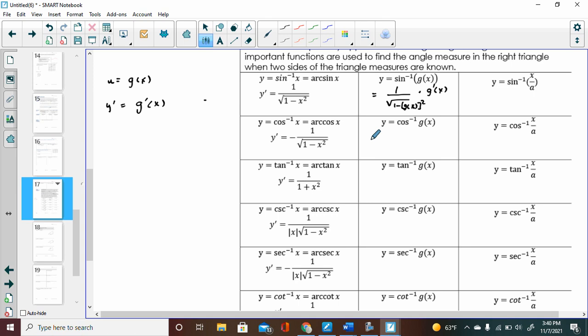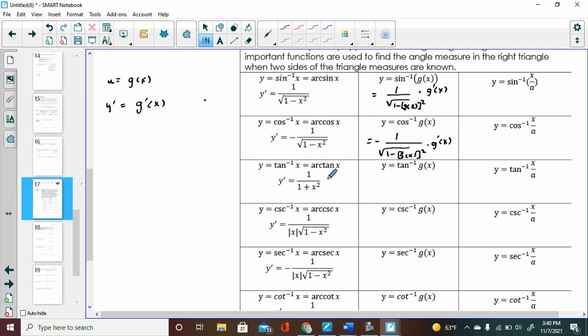For this composition, for this inverse of g of x, we're going to have the derivative equals negative 1 over the square root of 1 minus g of x, and I'm putting this in hard brackets, squared, times g prime of x.